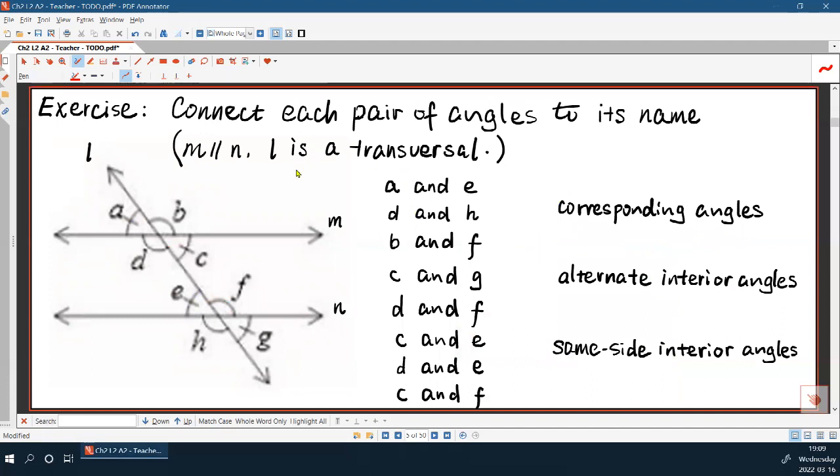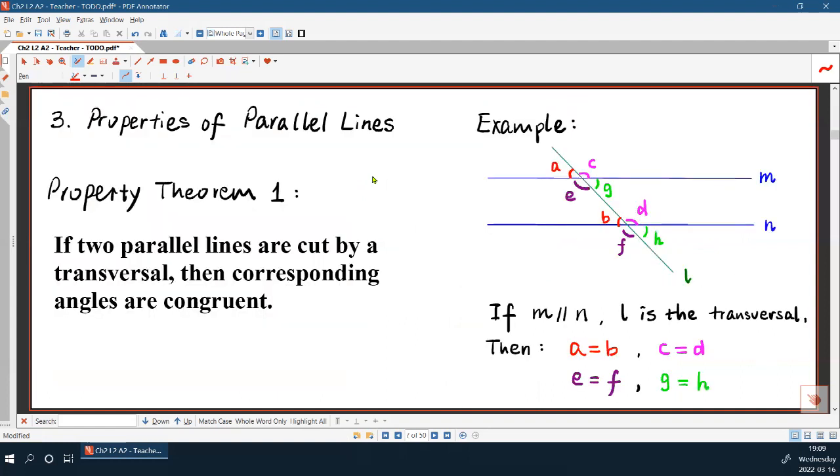All right, so next, let's have a look at what properties they have if two lines are parallel. So there are 4 property theorems. Property theorem 1 states that if 2 parallel lines are cut by a transversal, then the corresponding angles are congruent.